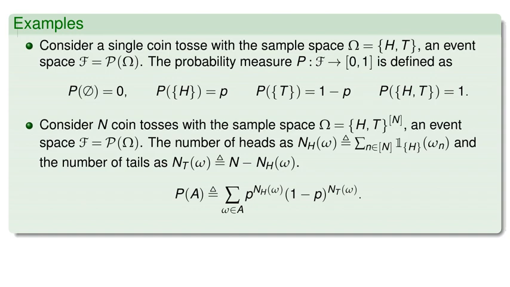We can define a probability measure for any event A as P of A equals the sum over all outcomes omega in A of p raised to the N_H of omega times 1 minus p raised to the N_T of omega.